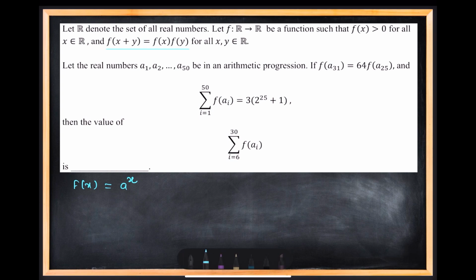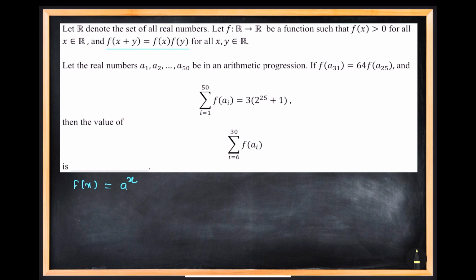So next part is, these guys are saying that let the real numbers a1, a2, a3, dot dot dot a50 be an arithmetic progression. So it's in AP. And f of a31 is equal to 64 times f of a25.